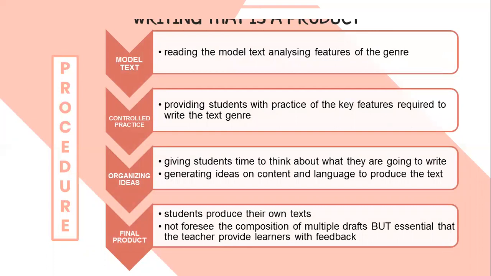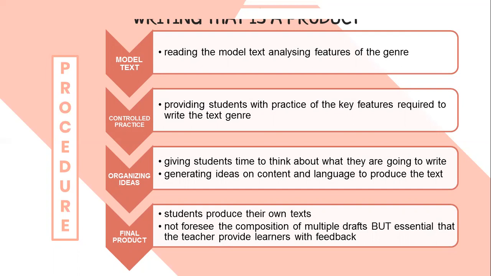This stage provides students with practice of the key features required to write the text genre. The next stage is organizing ideas. This stage gives students time to think about what they're going to write and generate ideas on content and language to produce the text. And the last stage is final product.